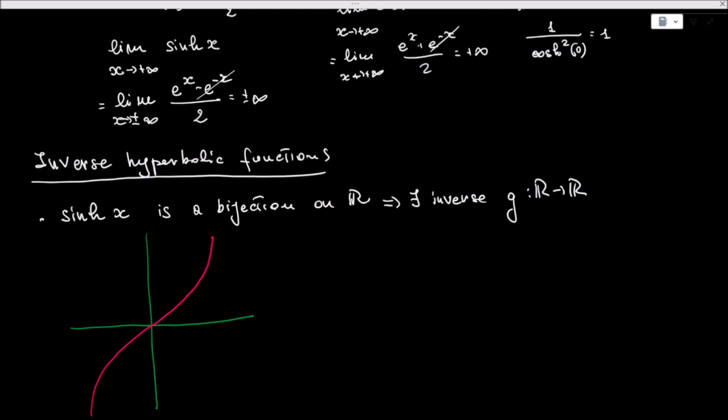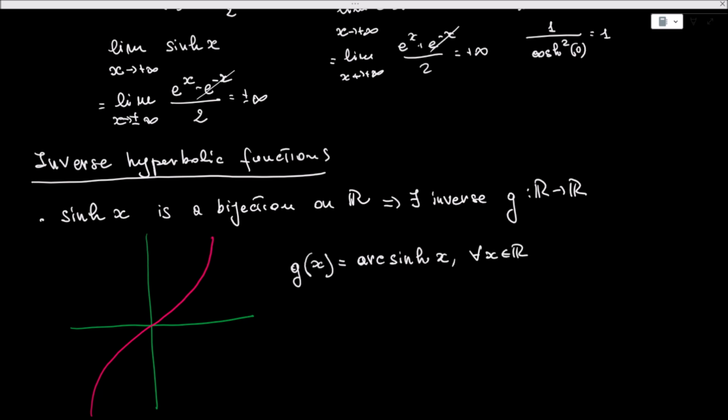We will give a name that resembles and reminds us of the trigonometric inverse functions. We will call this arc hyperbolic sine of x. This is for every x in the real line.